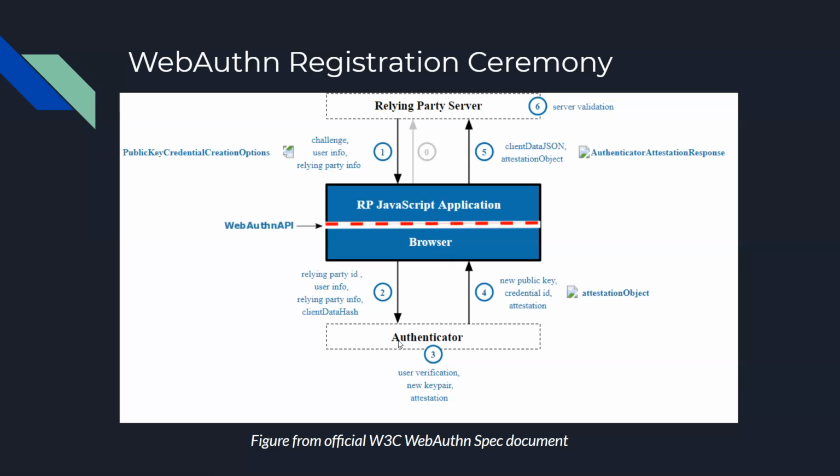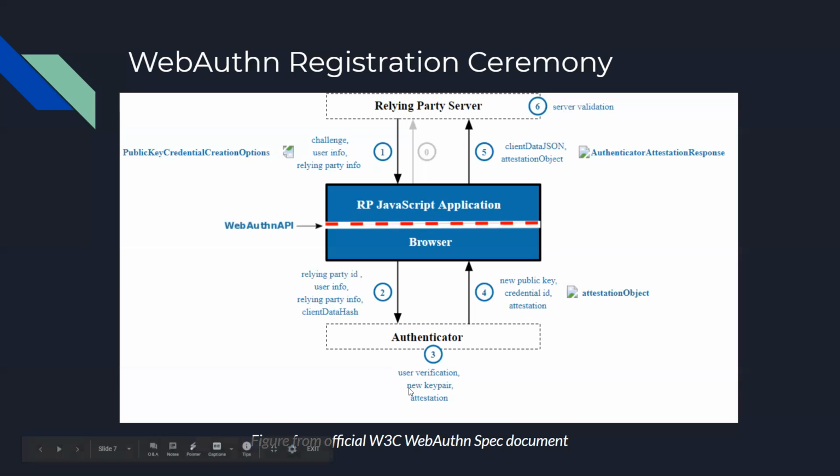The authenticator will take this information and it will generate a new key pair. It will generate attestation, which we will see later, and it will also do user verification. User verification is basically if the server requires that the user enter some sort of PIN or have some sort of knowledge which can prove the provenance of the authenticator, that the user owns the authenticator. The server can request this in form of user verification.